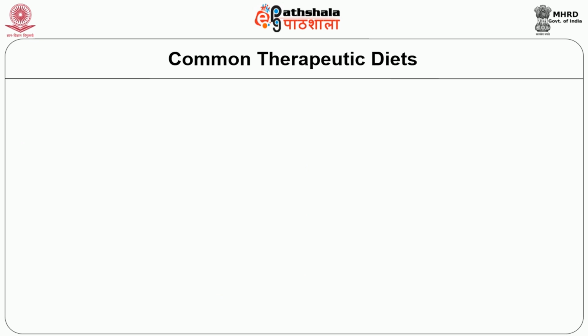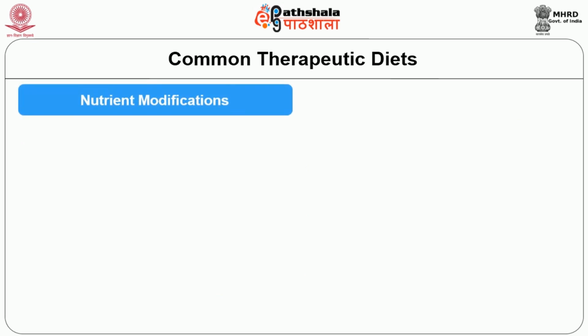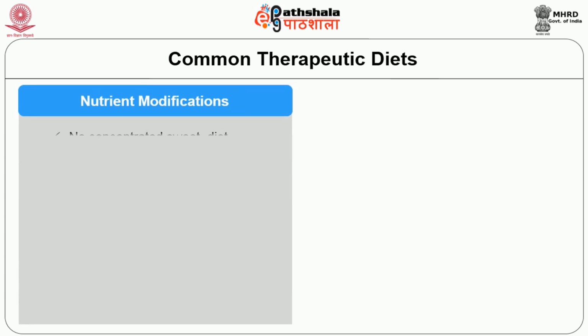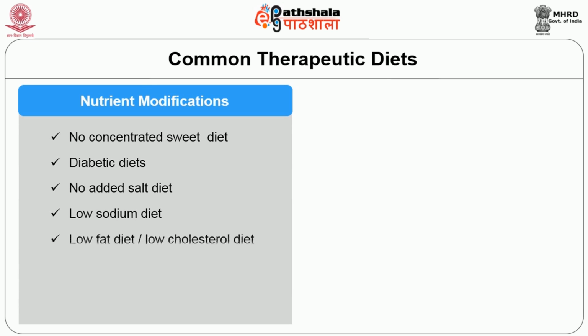Common therapeutic diets include nutrient modifications. The first category is the nutrient modifications. We have different categories in these therapeutic diets: the no concentrated sweet diet, which we call NCS. These are usually given as diabetic diets.